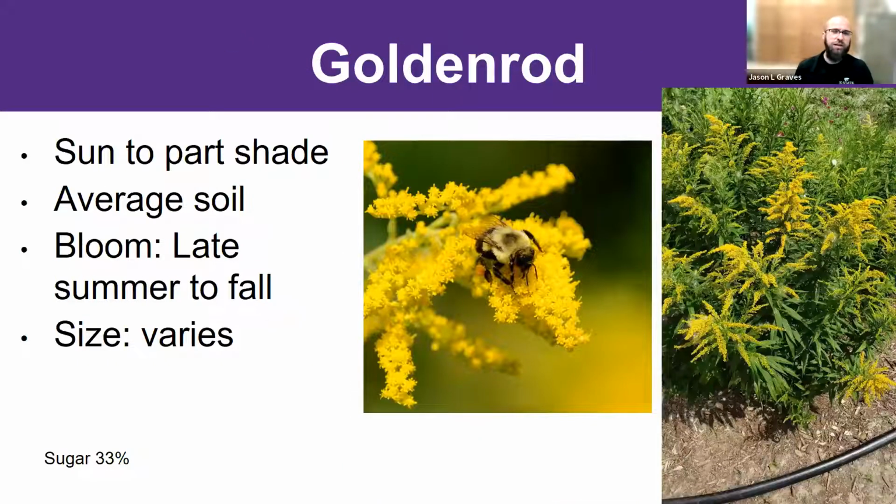Goldenrod, as we get ready to finish up here, is a fall bloomer that is essential for pollinators. This has got to be in your pollinator habitat, because this is a plant that our bees are using constantly in the fall to prepare for overwintering.